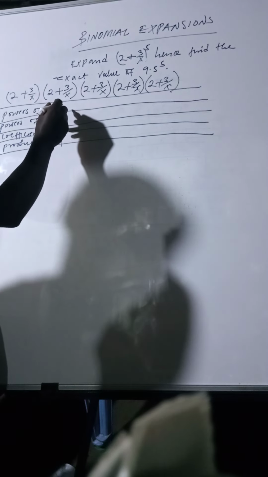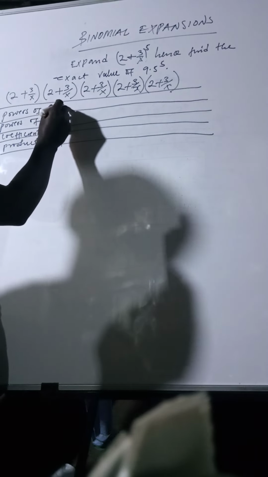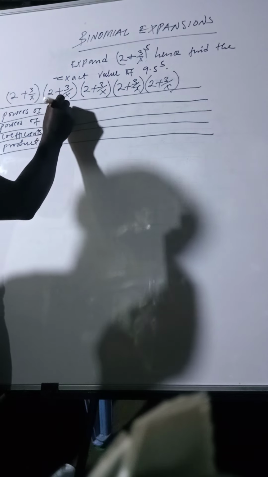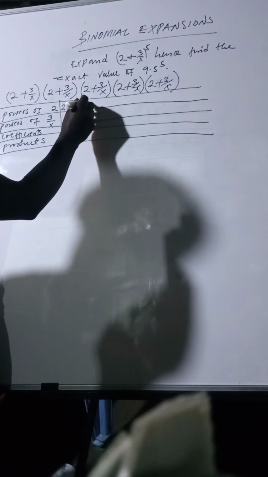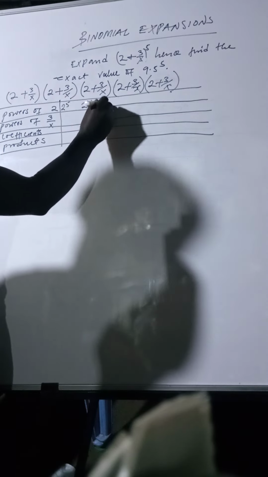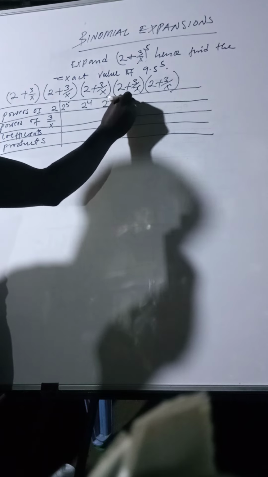Now the powers of 2 will be descending from power 5. You have power 4, power 3, power 2, power 1, power 0.